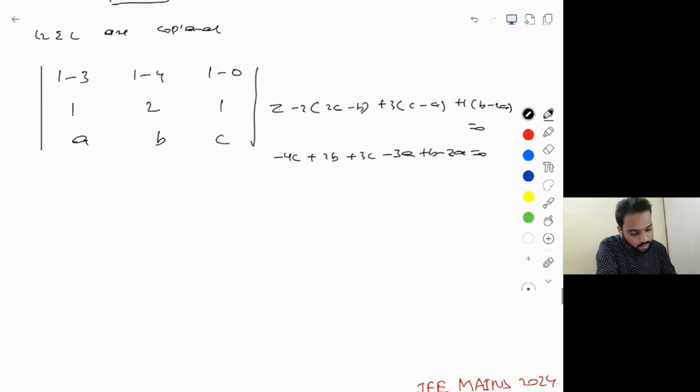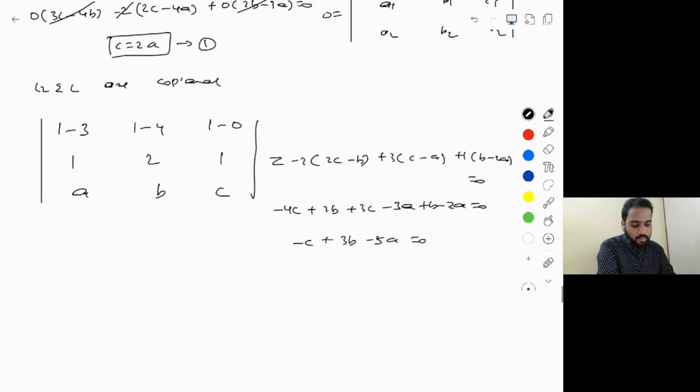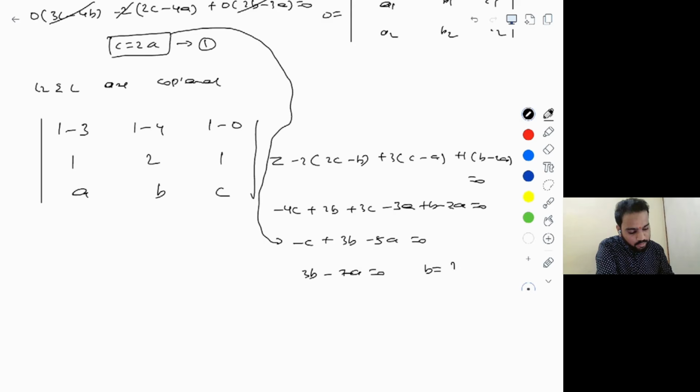So if you do the proper calculation here, you get minus c plus 3b minus 5a is equal to 0. But if you observe carefully, already we have got c is equal to 2a. I'll take that and substitute it here, from which you get 3b minus 7a is equal to 0. Or also I can write b is equal to 7a divided by 3.